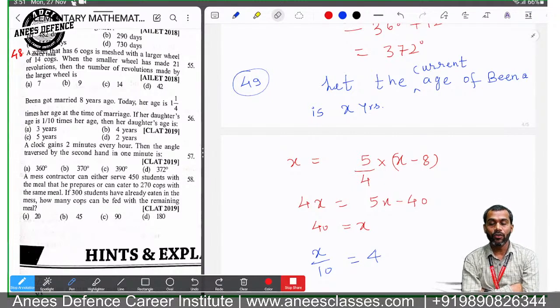If you increase the number of cogs, the number of revolutions will be less. Yes or no? I hope it is clear what I'm saying.